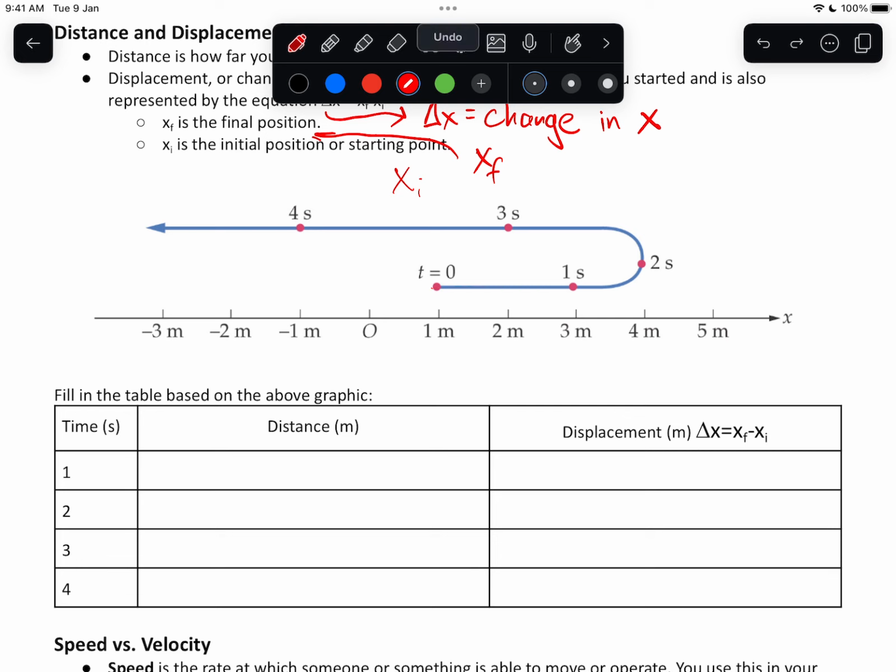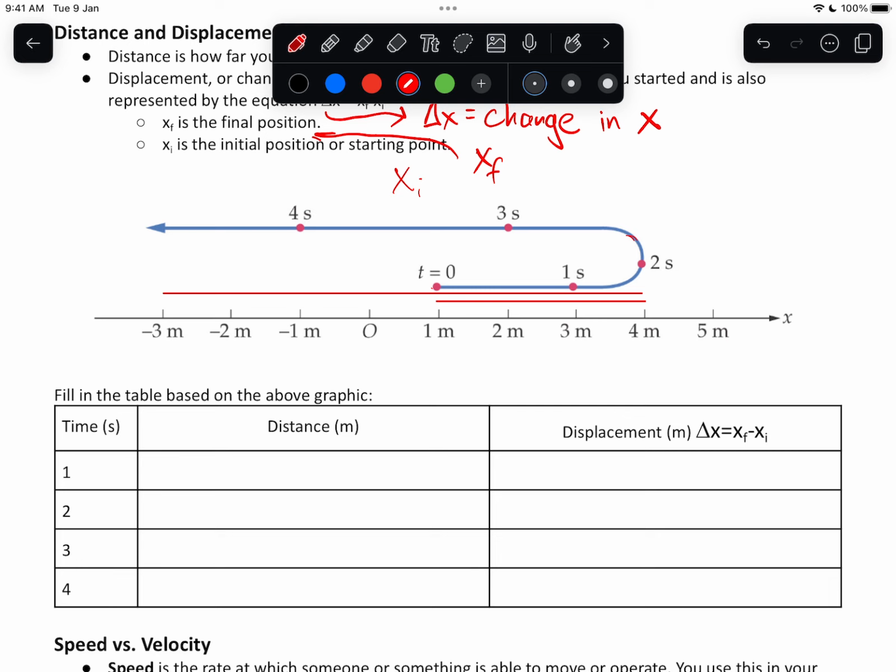Notice there's a little curve here, but the curve is really just to show distance between these two so you can actually see them. It doesn't actually mean that the person's going upwards. So really the person traveling is starting here at 1 meter. They're coming down here to 4 meters, and then they're going to travel all the way to 3 meters. Okay, so that's really what's going on.